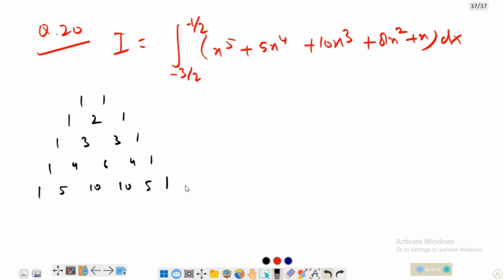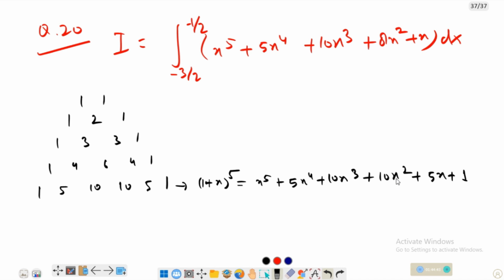So this is our (1 + x)^5. What is (1 + x)^5? This is basically x^5 + 5x^4 + 10x^3 + 10x^2 + 5x + 1.